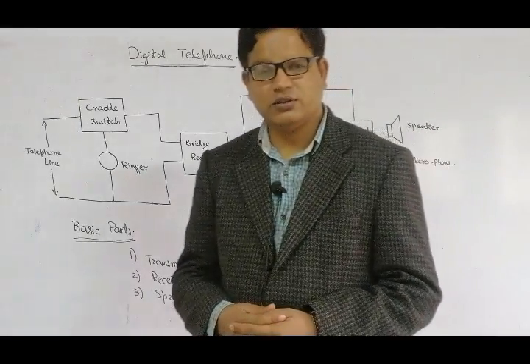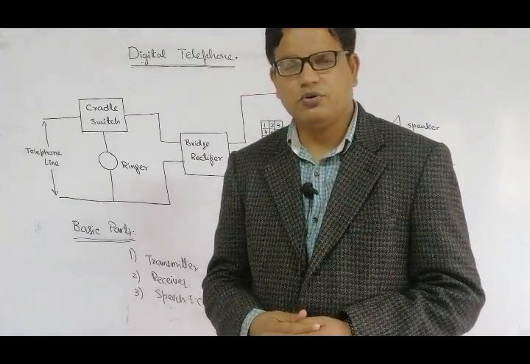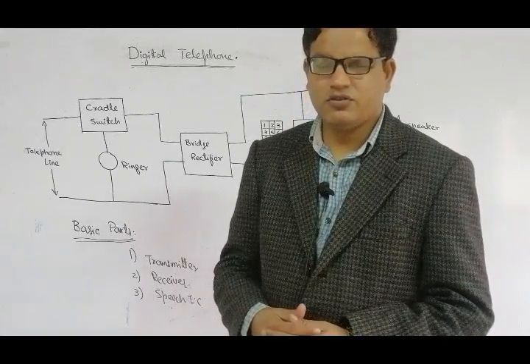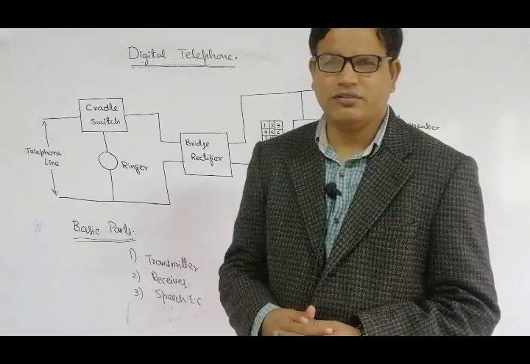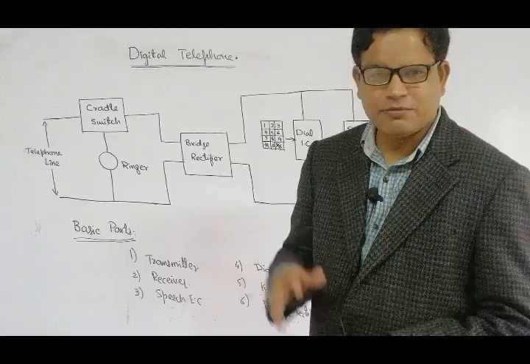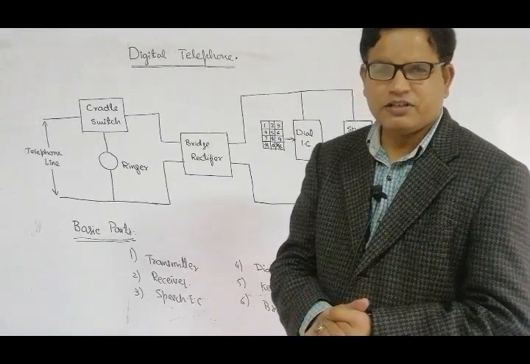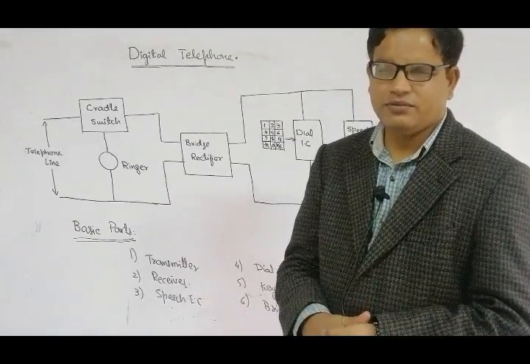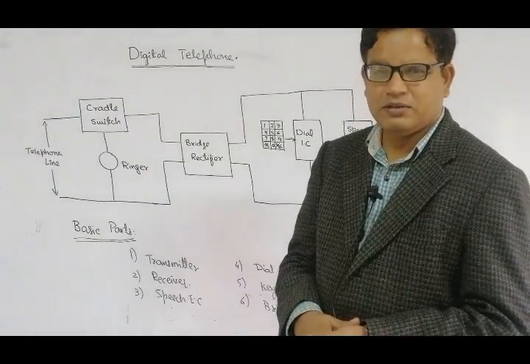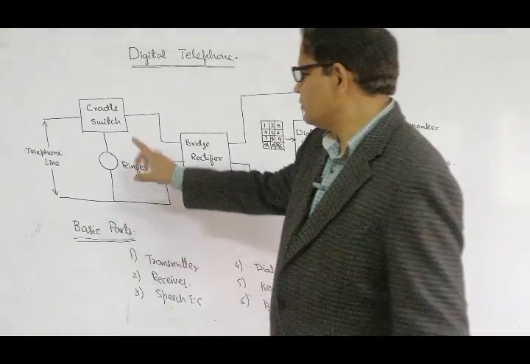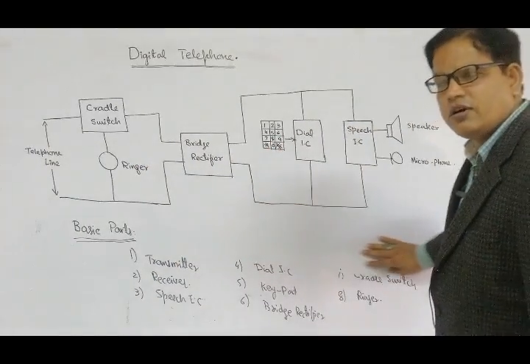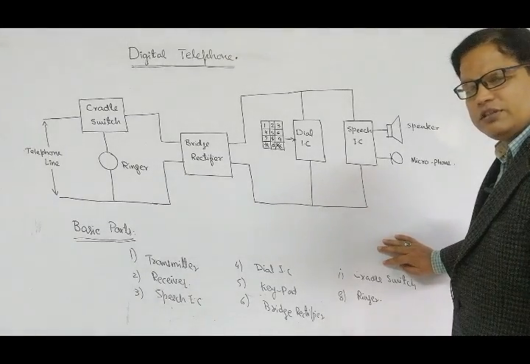I will, inshallah, discuss with you in future more about the differences between electromechanical telephone sets and digital telephone sets. Right now, I am coming to a brief description of the block diagram of the digital telephone set.